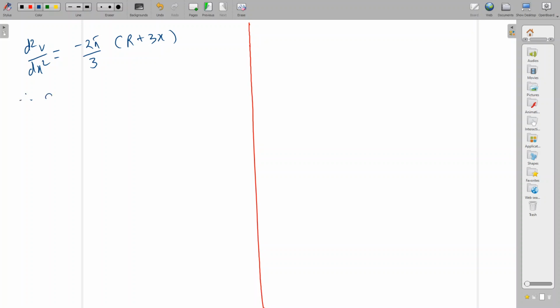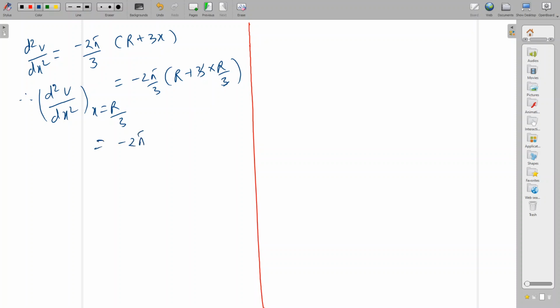Therefore, d square V by dx square when x equal to r by 3 will be equal to minus 2 pi by 3 (r plus 3 into, putting the value of x here, 3 into r by 3), and this 3 and 3 cancel out. So we will have minus 2 pi by 3, r plus r is 2r, so into 2r.